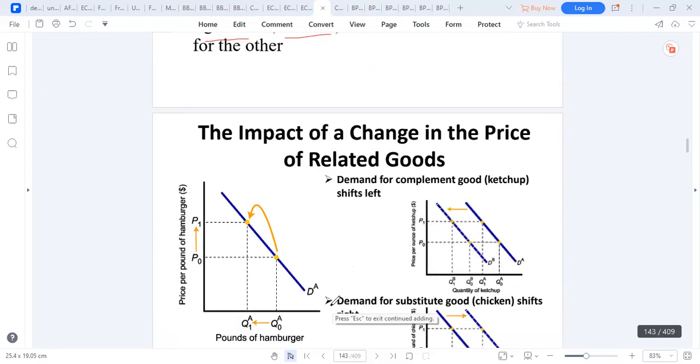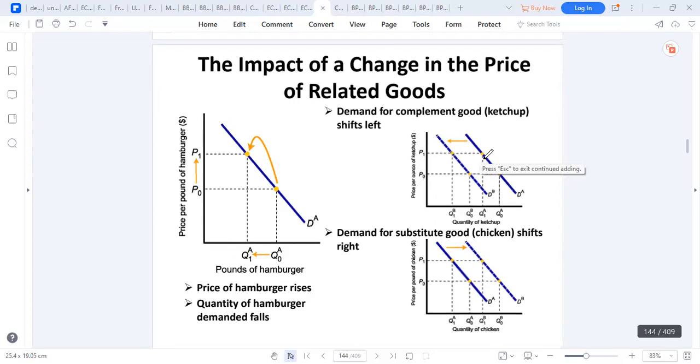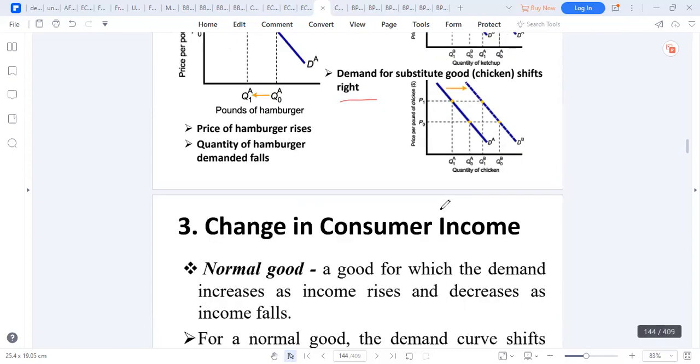So the impact can be shown graphically as follows. For complements, there will be a shift to the left. For substitutes, there will be a shift to the right. So this is what happens.